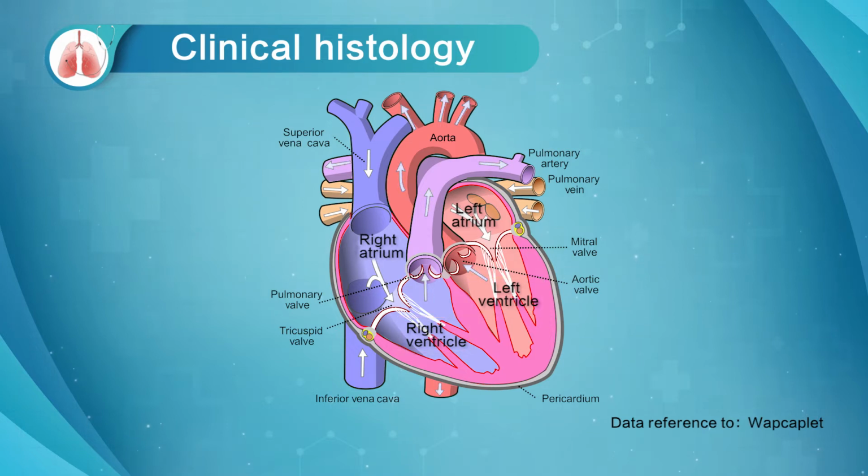Because strong force is required to squeeze blood into the pulmonary and the systemic circulations, the walls of ventricles are much thicker than those of atria. The muscular wall of the atrium and the ventricles contracts and relaxes sequentially to facilitate the circulation of blood in the cardiovascular system.